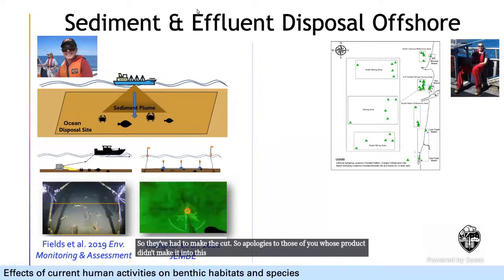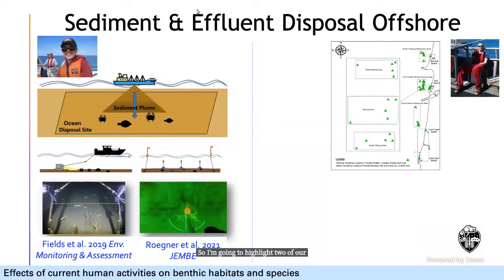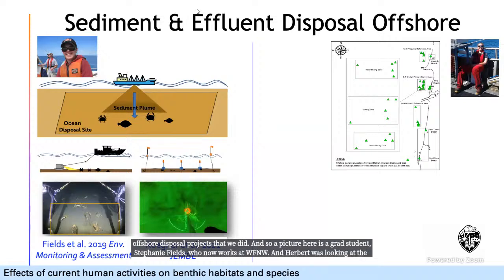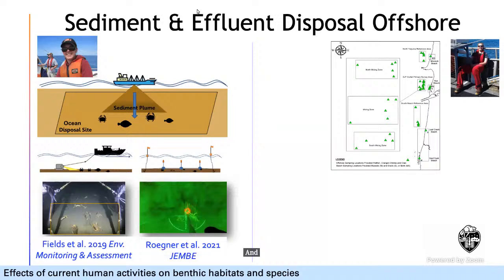Crab fishermen were really worried that their crabs were getting smothered with this disposed material, and that maybe the crabs wouldn't even come back to that area because it was so traumatic for them. And it turns out if you just put bait down, the crabs would come. And if anyone wants to follow up, all those videos are posted on YouTube. So if you want to see that, reach out to me and I'll give you the link to it.